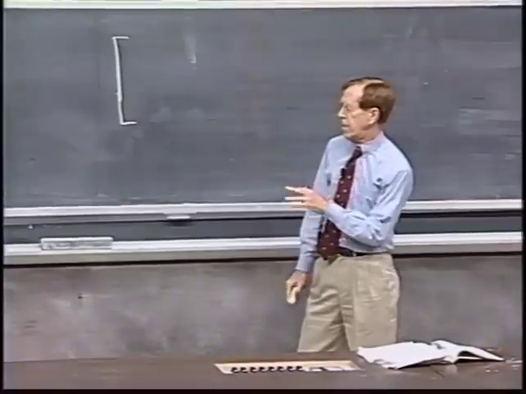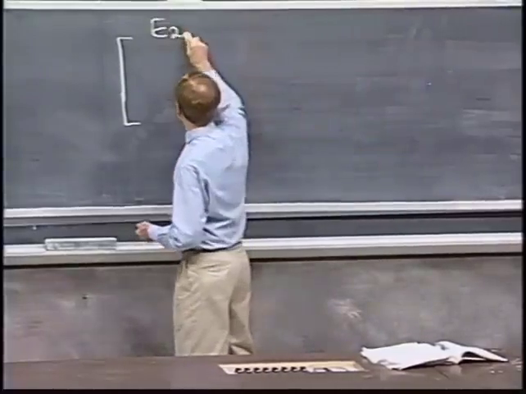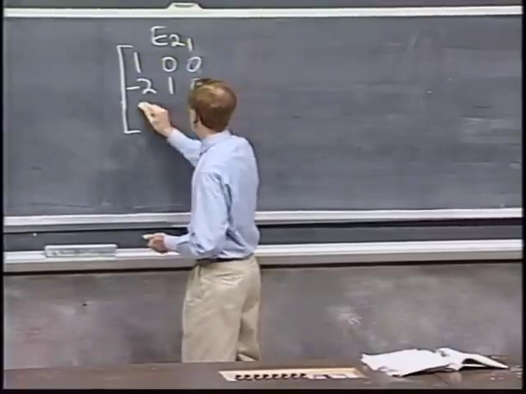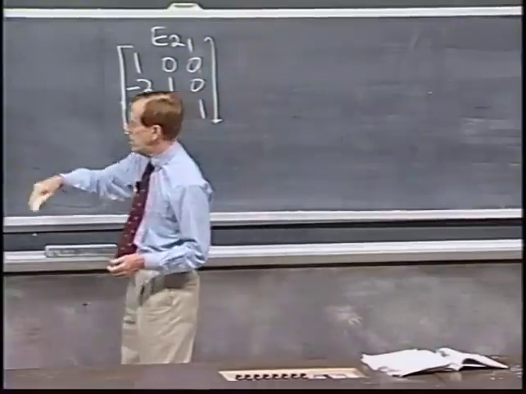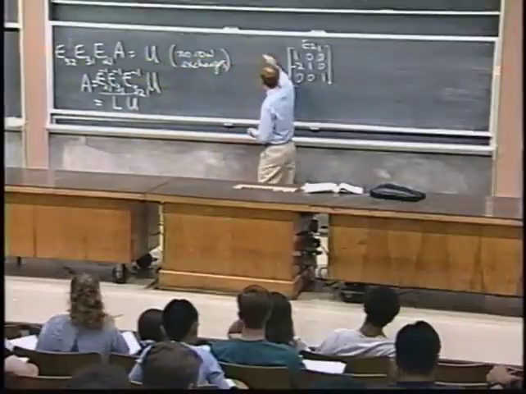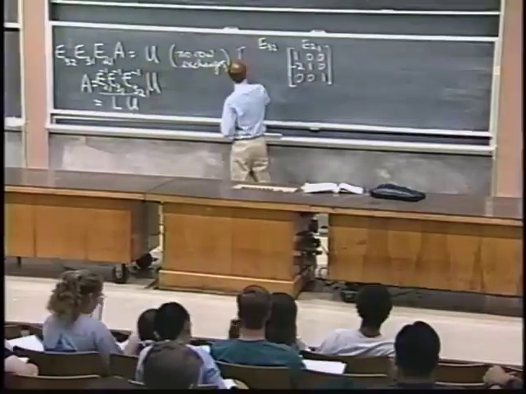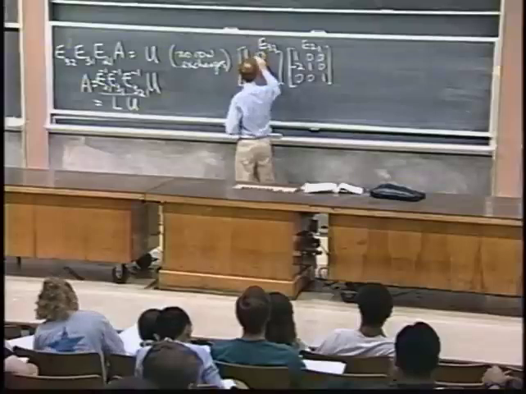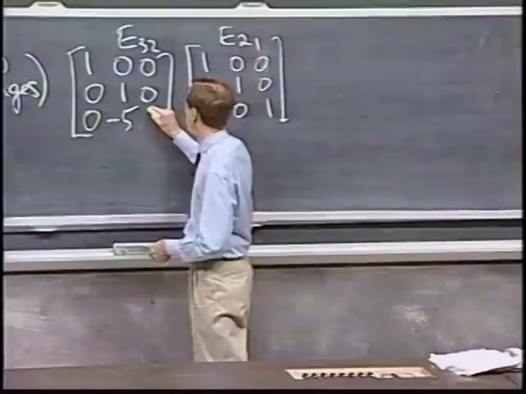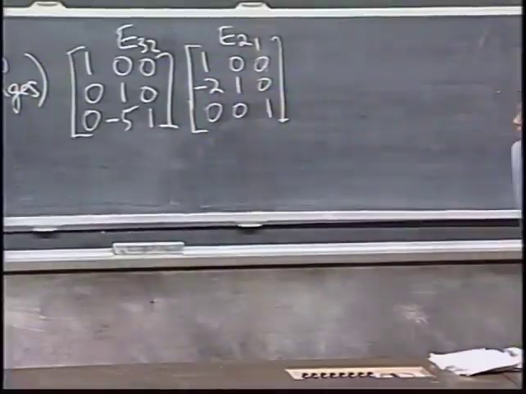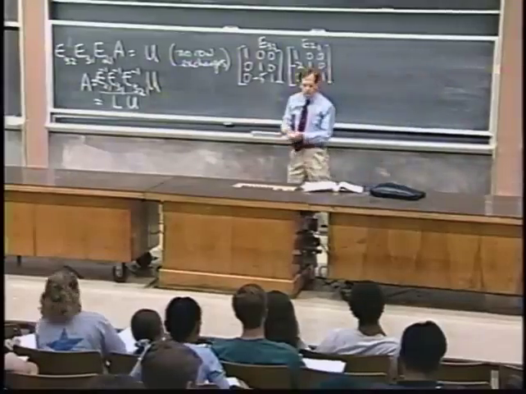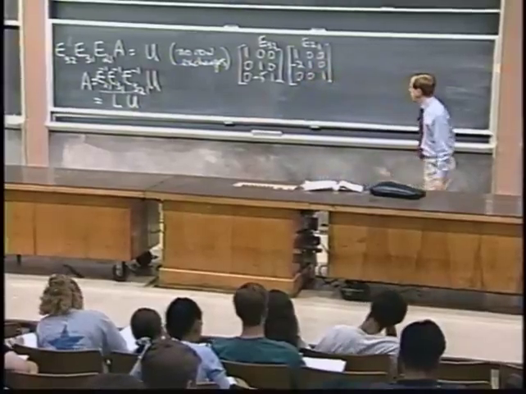Suppose my matrix E21 has a minus 2 in there. And now I'll even suppose E31 is the identity. So I'm going to make the point with just a couple of these. Now let's suppose minus 5, 1. Okay, there's a typical case in which we didn't need an E31. Maybe we already had a 0 in that 3,1 position.